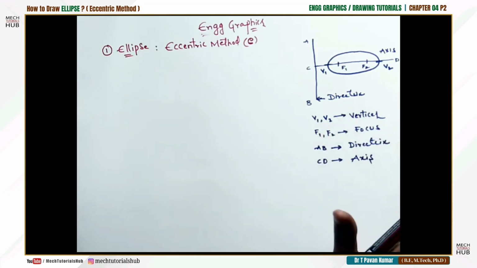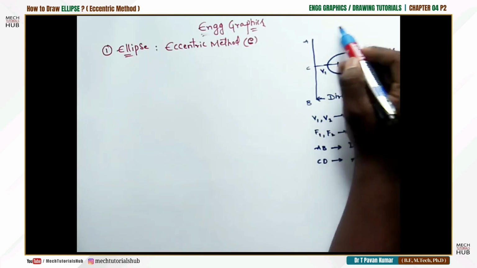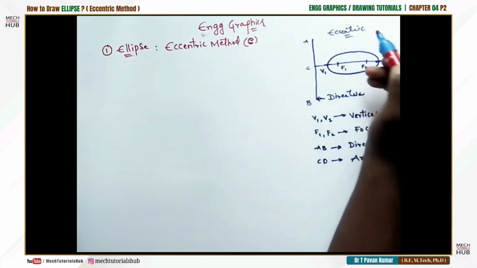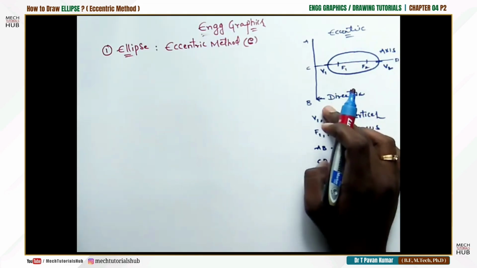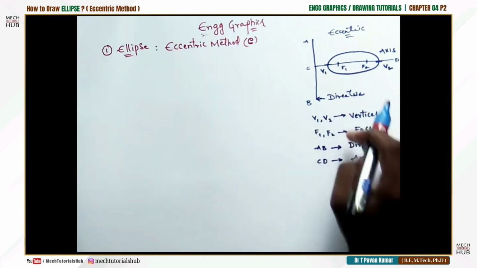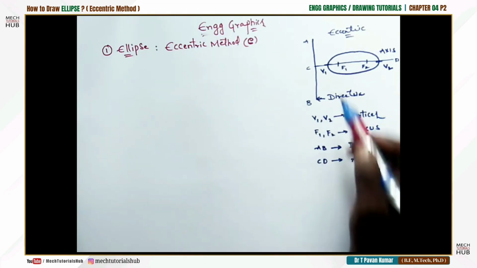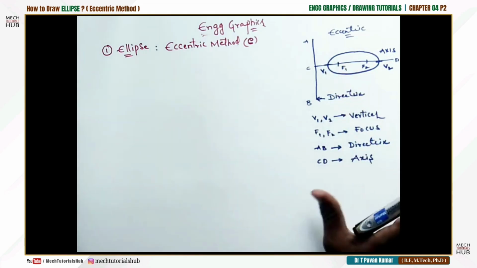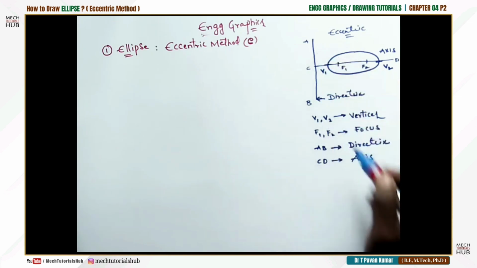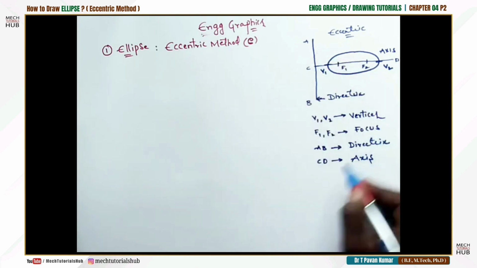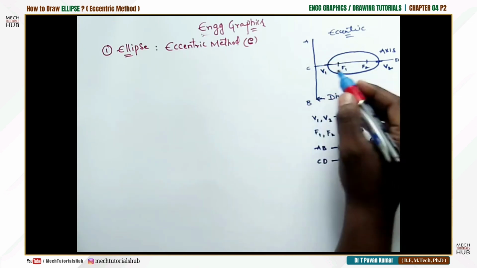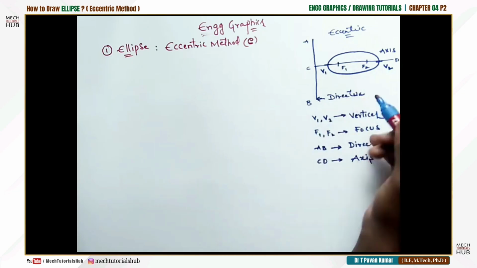This will never change. We are discussing the eccentric method, in which we construct an ellipse, parabola and hyperbola. In all three, this terminology will not change. The vertical one is called the directrix, the horizontal one the axis line, where you will have two focus points and two vertex points.